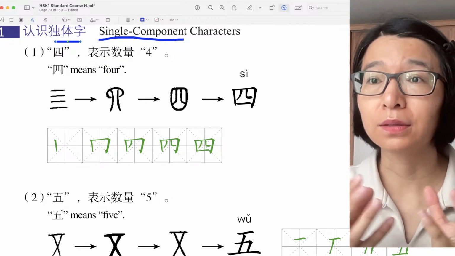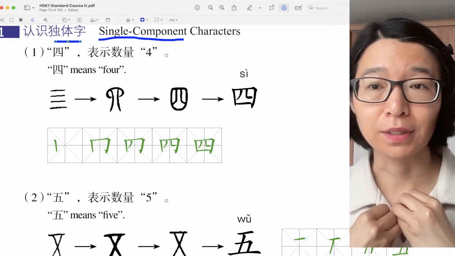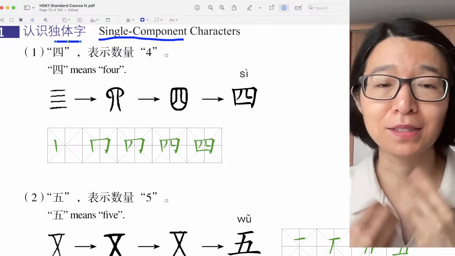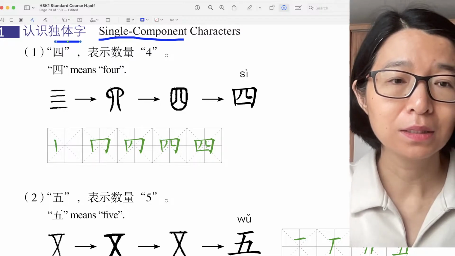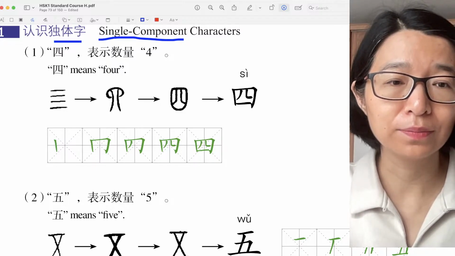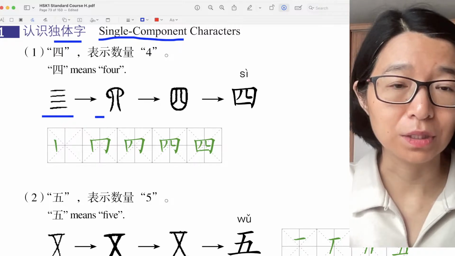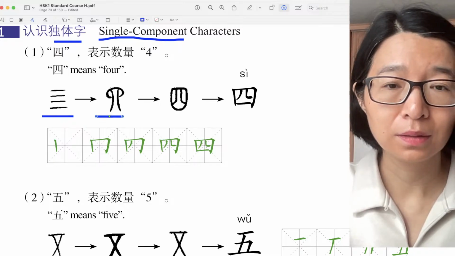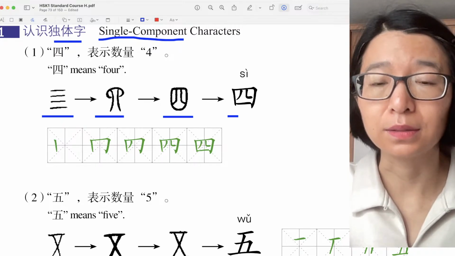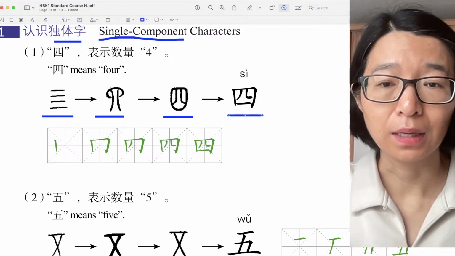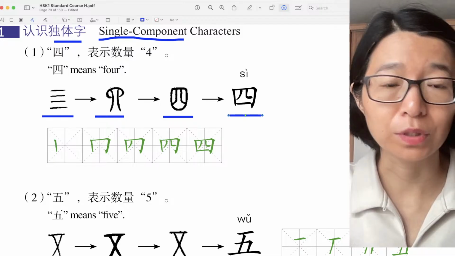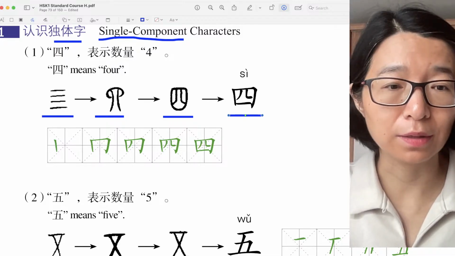Very simple, very independent. For example, this character 四. This is the original form, and then we change it this way, and then like this, and this is the current form we're using. For the different strokes, first we need to write like this.